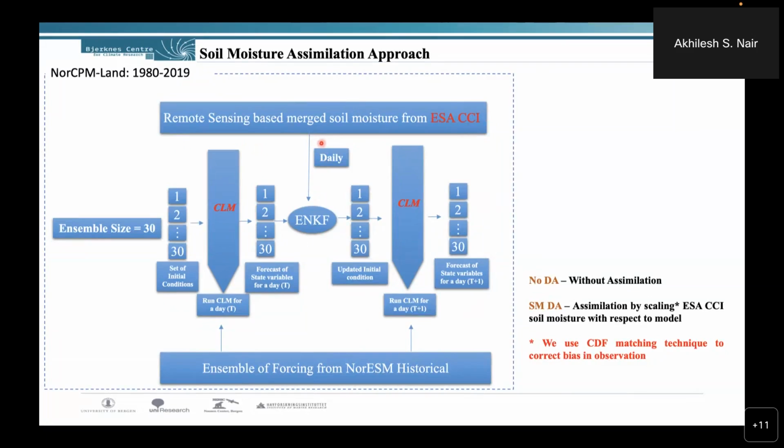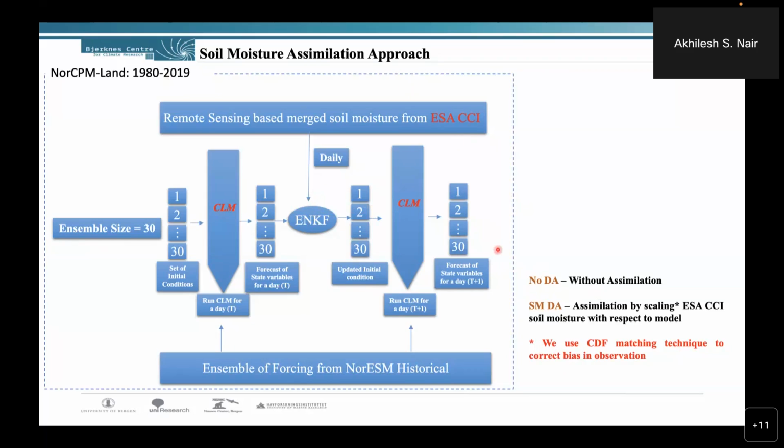We are using a daily assimilation using a flavor of the EnKF approach. To be specific, we are using the ensemble Kalman smoother approach, where we update the mean of the ensemble and the covariance is updated by the EnKF approach. Using this approach, we assimilate soil moisture on a daily scale, and before assimilation we do a monthly CDF matching technique to correct the bias in the CCI observation and CLM soil moisture.